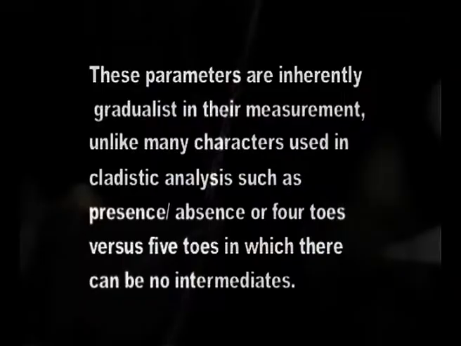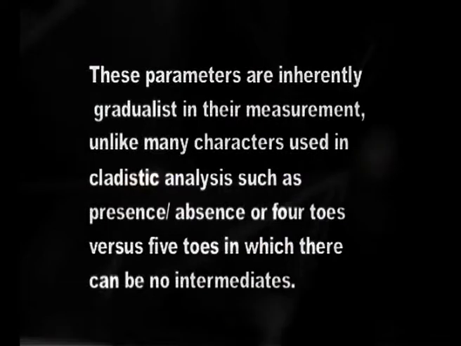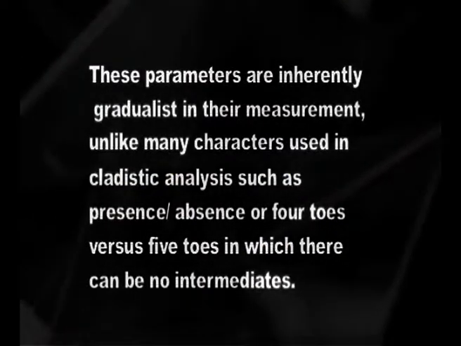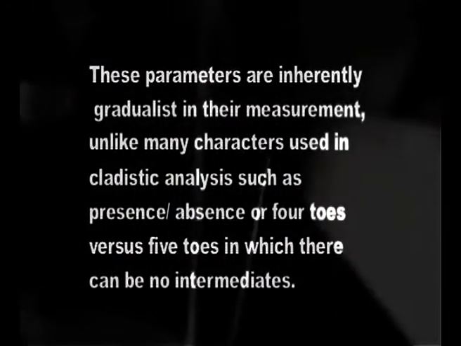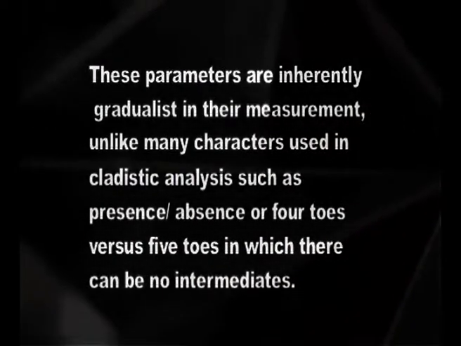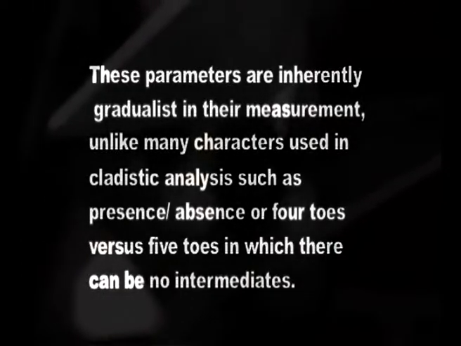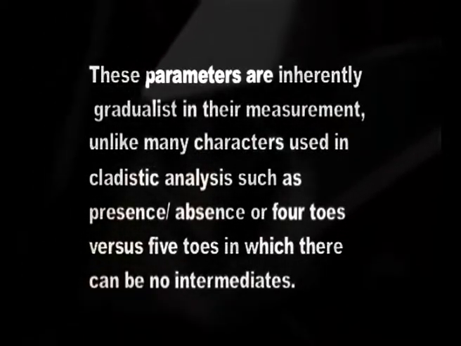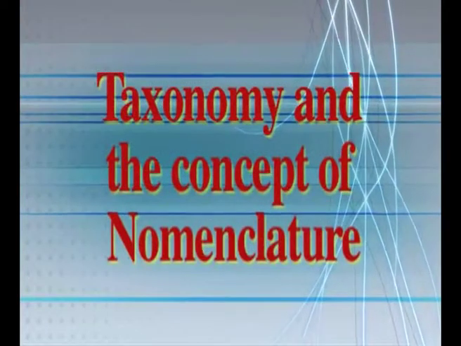It needs to be pointed out that many, but not all, of the studies that support phyletic gradualism report information on continuously varying morphologies such as lengths and shapes. These parameters are inherently gradualist in their measurement, unlike many characters used in cladistic analysis, such as presence or absence of 4 toes versus 5 toes, in which there can be no intermediate.